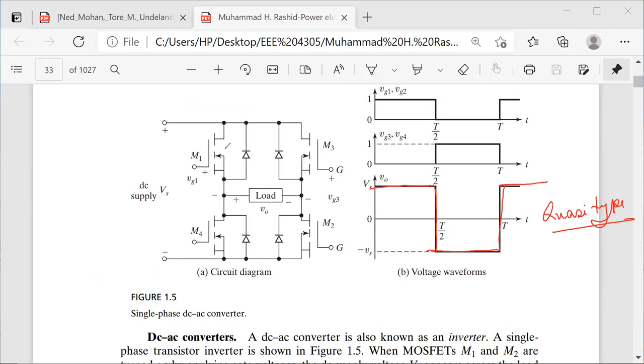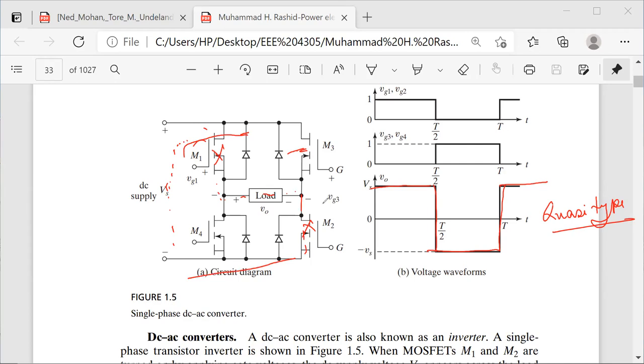So what happens? This switch and this switch will be turned on for the positive half cycle, and the current will go this way, and then this way, and come back this way.